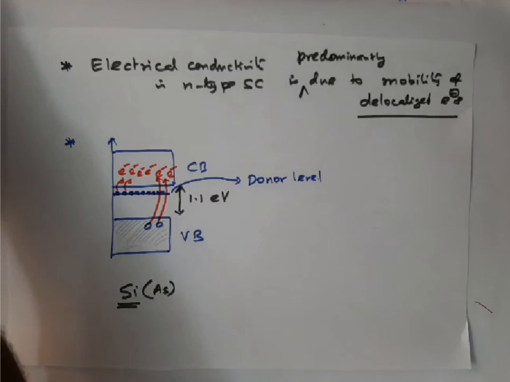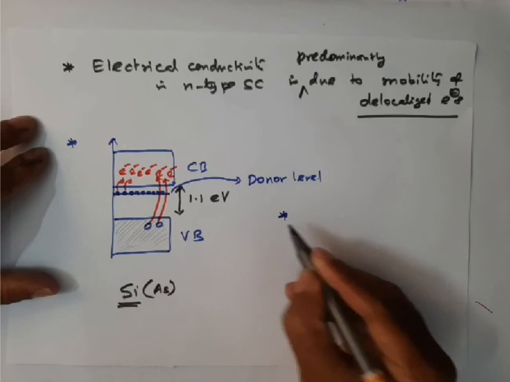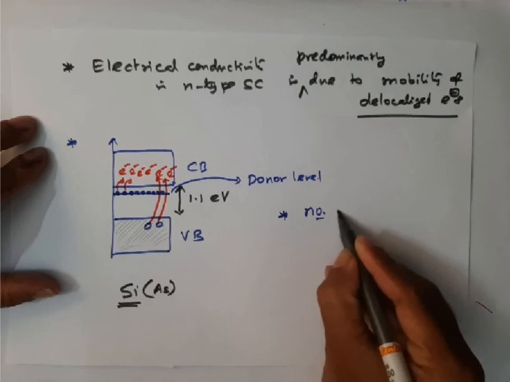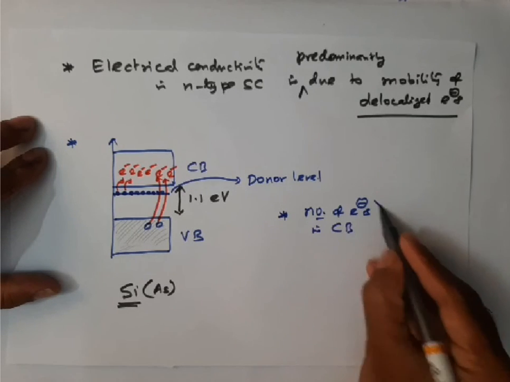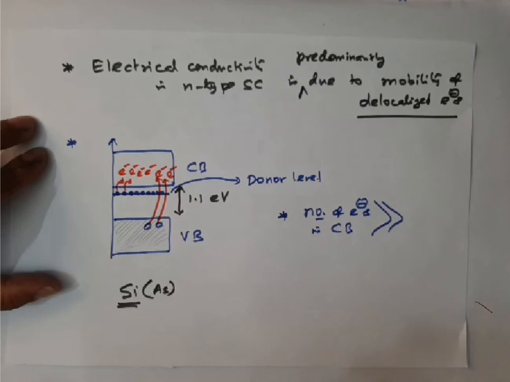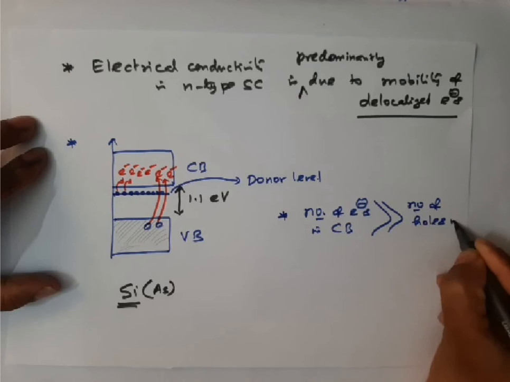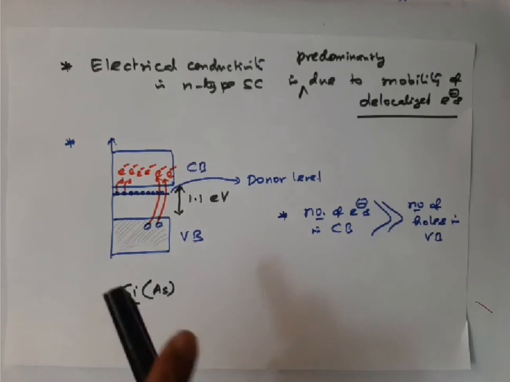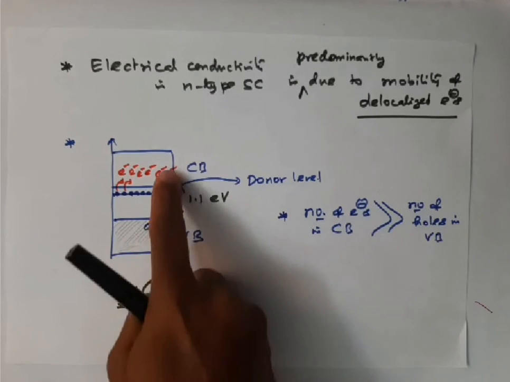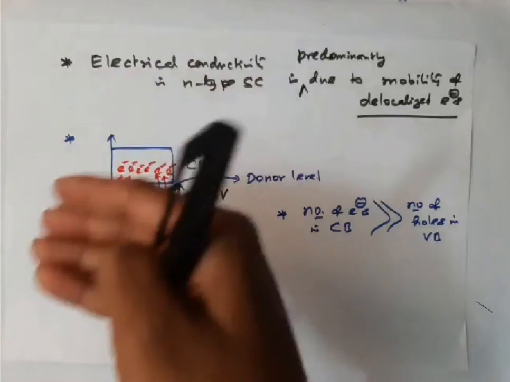So in an n-type semiconductor, this is very important. Note down: in an n-type semiconductor, the number of electrons in the conduction band is very much greater compared to the number of holes in the valence band, because the electrons come not only from thermal excitation, but also from the donor level.